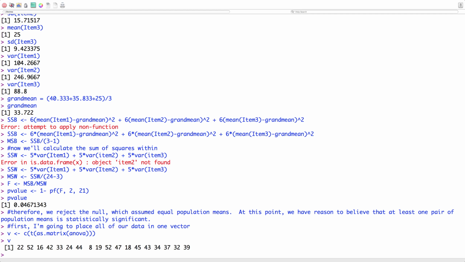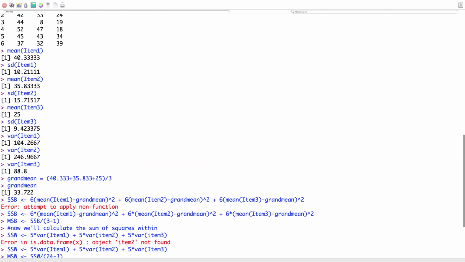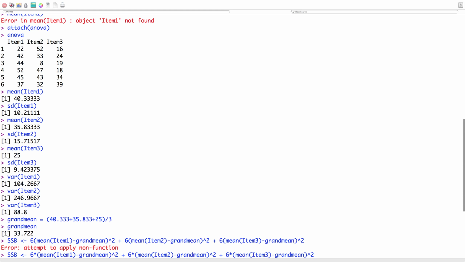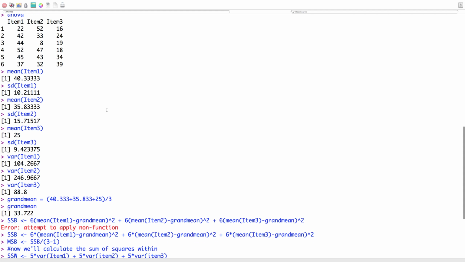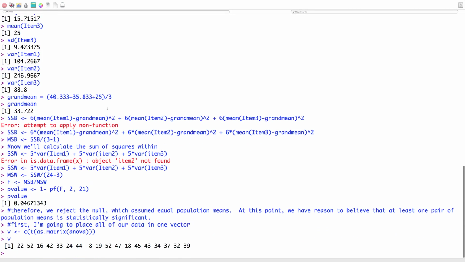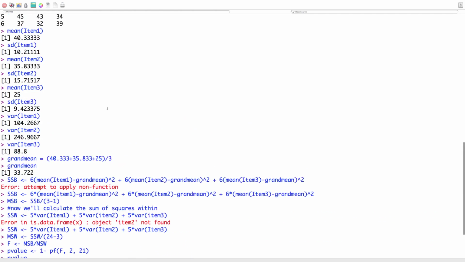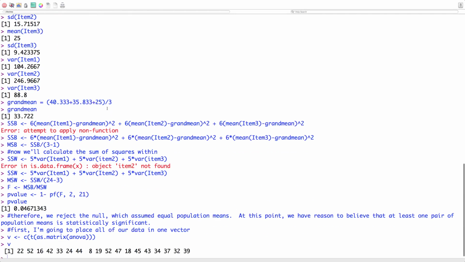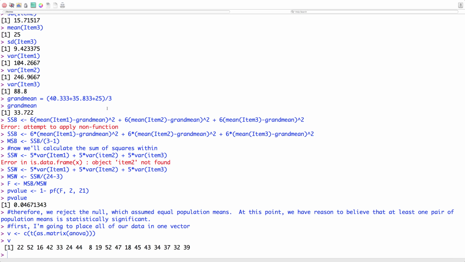So notice that I have 22, 52, 16. It's really important to note the way that it's actually reading our data. So it's reading item 1, item 2, item 3, item 1, item 2, item 3. Right, because that's going to have a lot to do with the way I set this up.